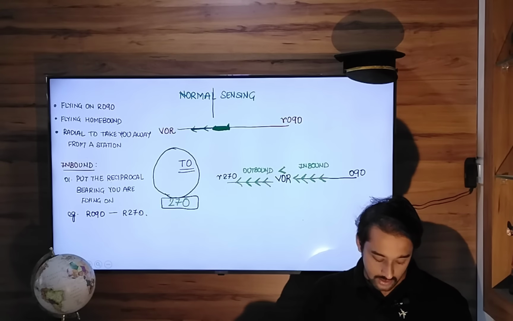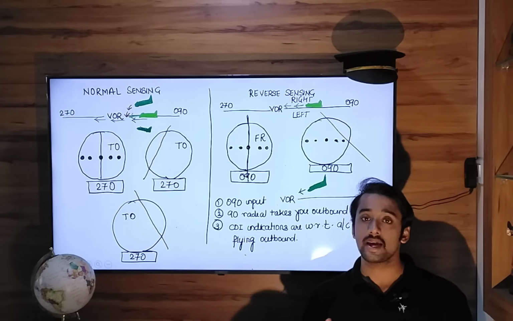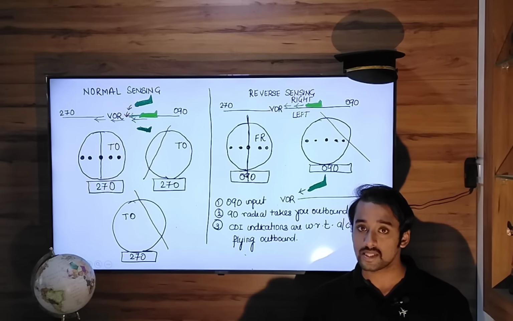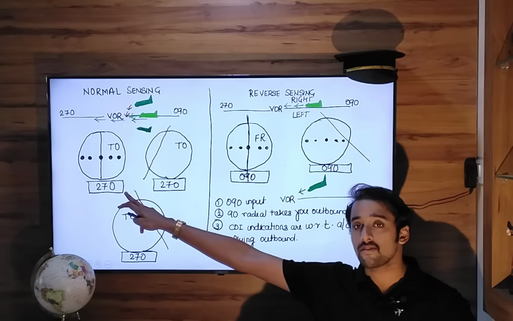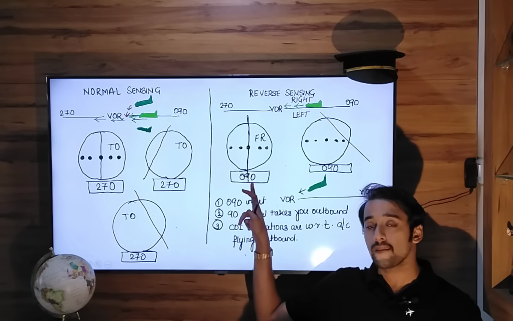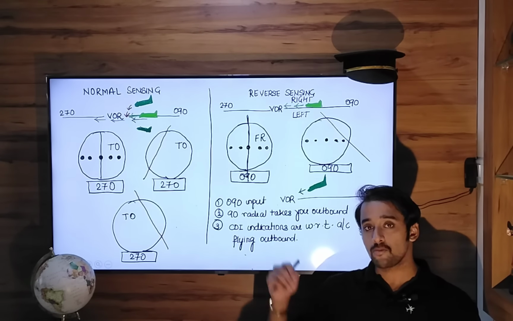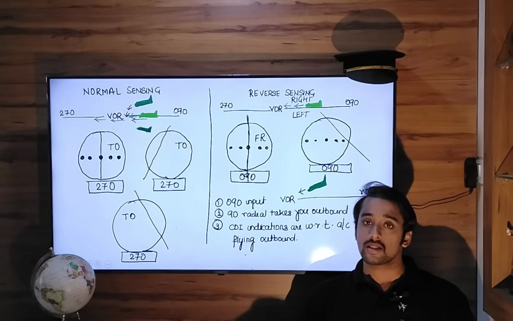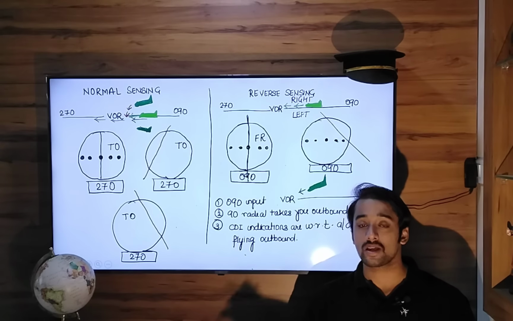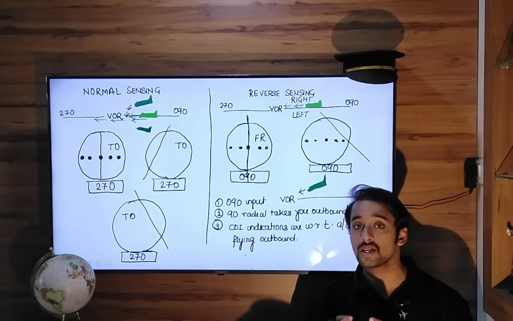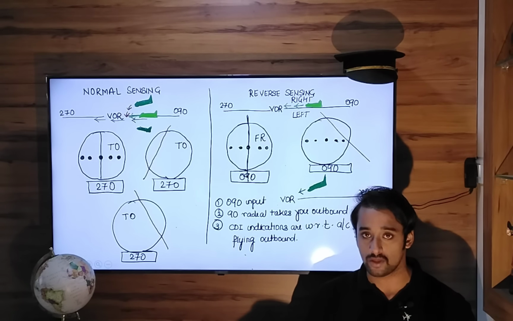If you don't do that, you may get reverse sensing. How is that possible? Instead of putting 270 in the OBS setting, you put 090. When you put 090 in the OBS setting, the CDI needle will give indication with respect to that 090 radial. The 090 radial will take you away from the VOR.